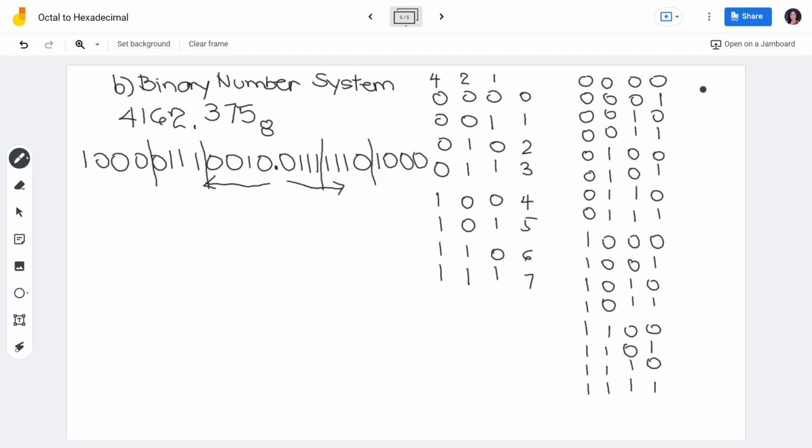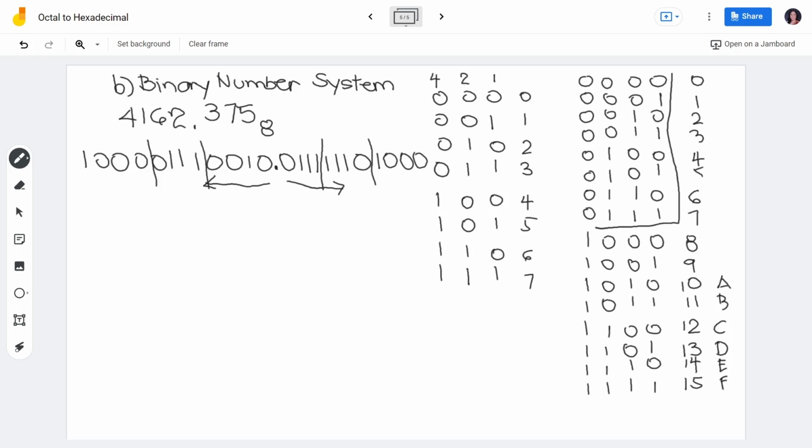Then put the values 0, 1, 2, 3, 4, 5, 6, 7, 8, 9, 10, 11, 12, 13, 14, and 15. From 10 to 15, this is A, B, C, D, E, and F. Actually, for this table, you can already derive the octal.